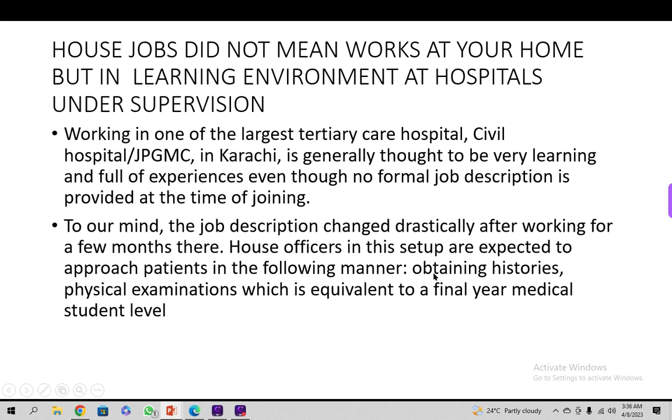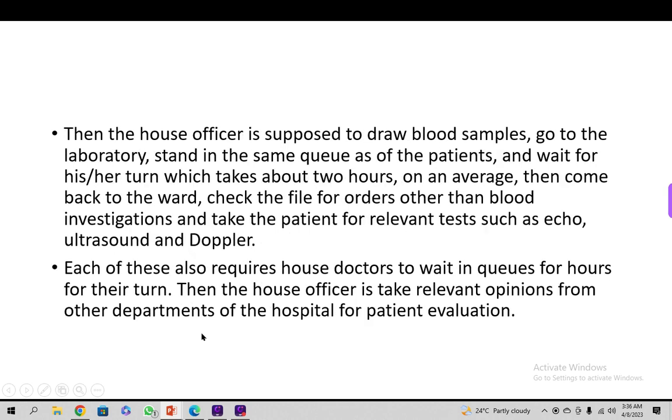Only they command that go take the history and then go to the physical examination and write down the positive findings, etc. This is the same as the final year medical level. It should be more than final year medical student level and under supervision and learning environment. Then this is called house job, otherwise it is not called house job, it is the final year, the same thing. Then the house officer is supposed to draw blood samples.